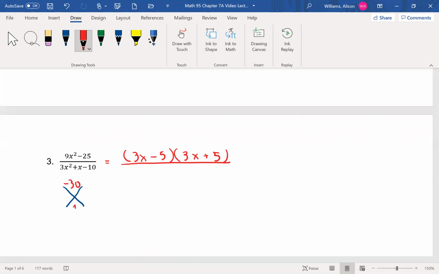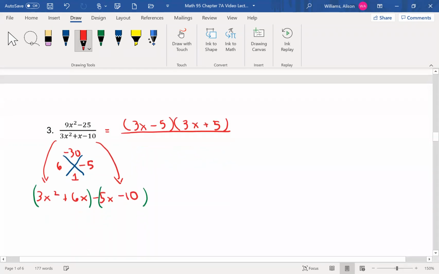Bottom of the x is 1. So two numbers that multiply to be -30 but add to be 1 would be +6 and -5. So let me go ahead and factor this. Bringing down the 3x squared, rewriting it with the 6x minus 5x, and then I'll bring down the -10 and factor by grouping.